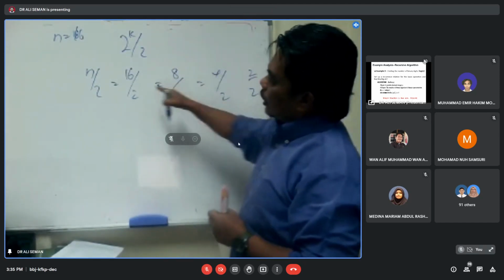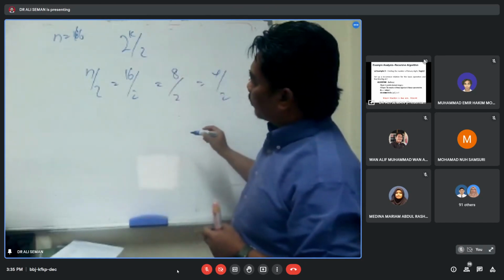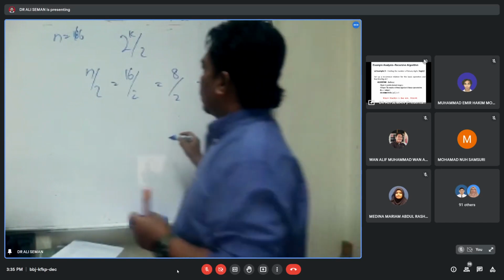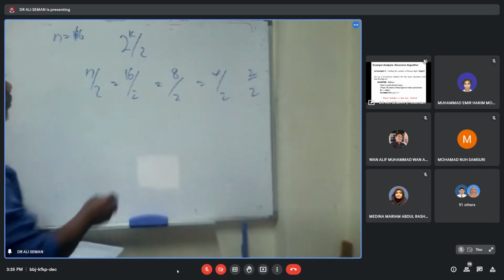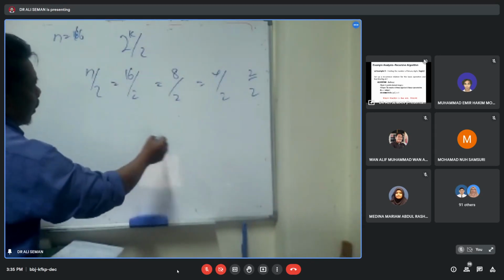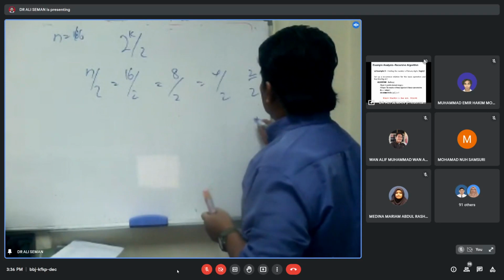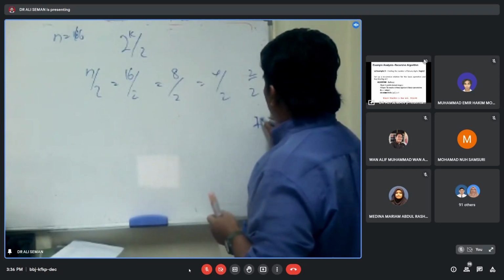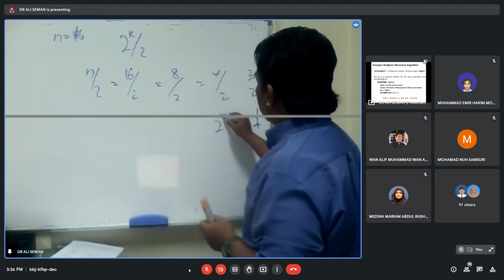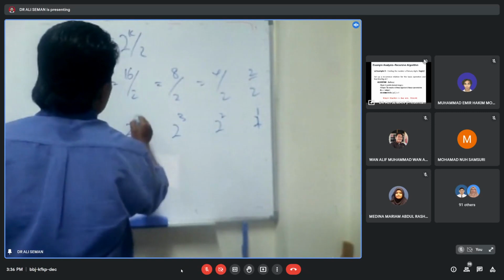This pattern is basically similar to here, 2 power of k. Because look at the pattern here: 2 power of 1, 2 power of 2, 2 power of 3, 2 power of 4.